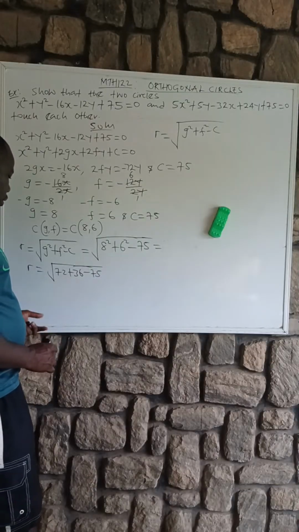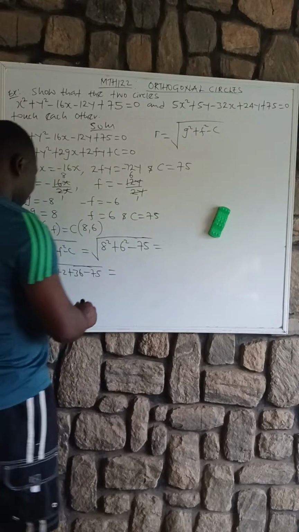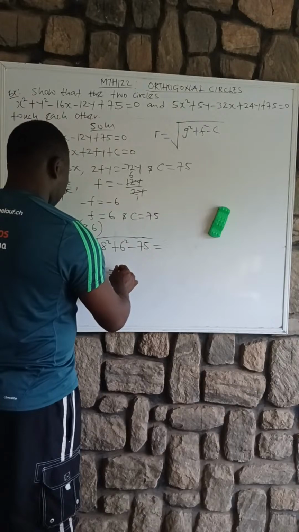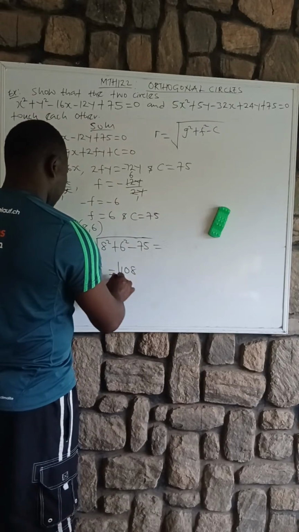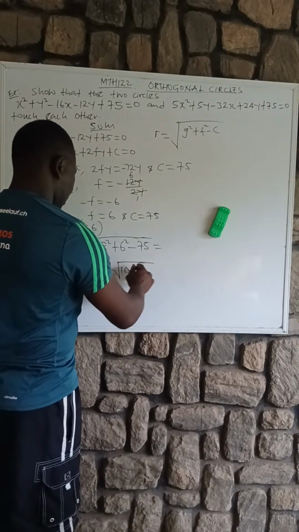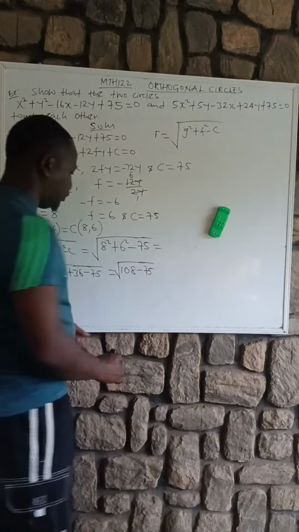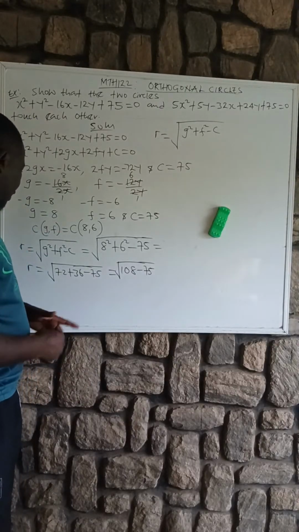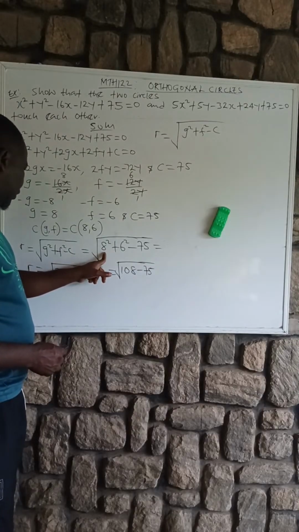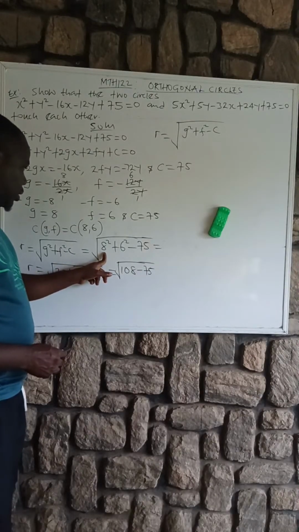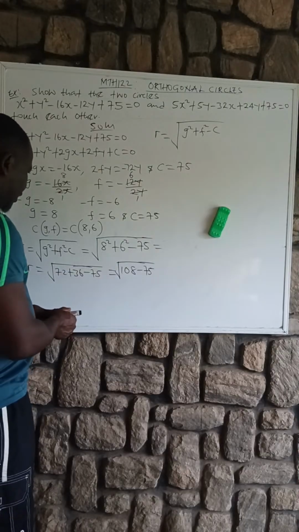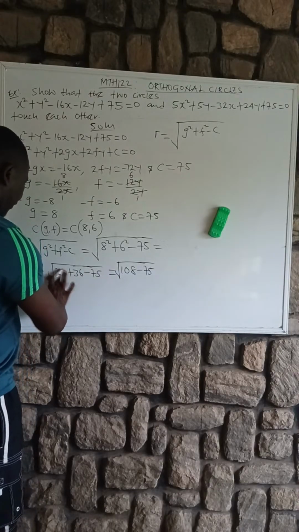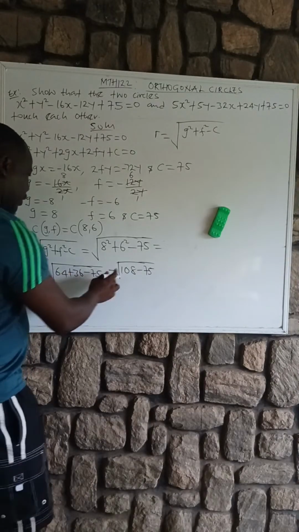True or false? So here we are going to have 1/8, right? 1/8 minus 75. 1/8, right? This one, 8 times, oh sorry, 64, sorry. 64.